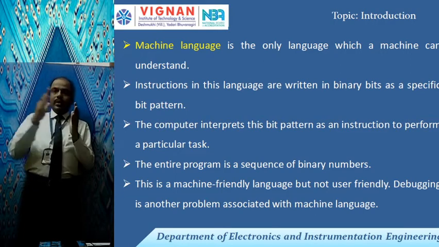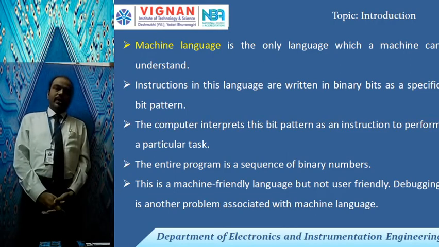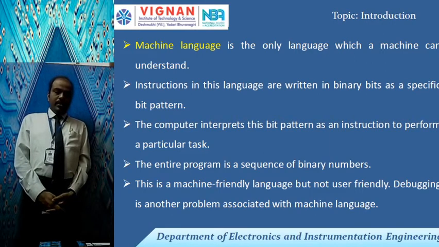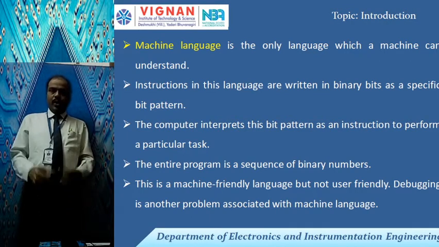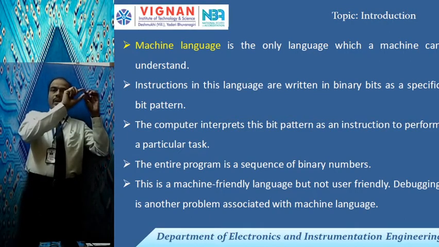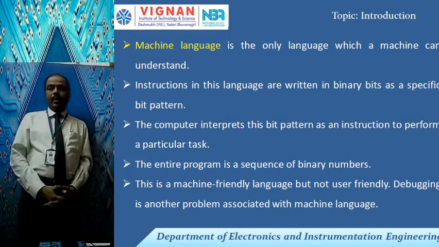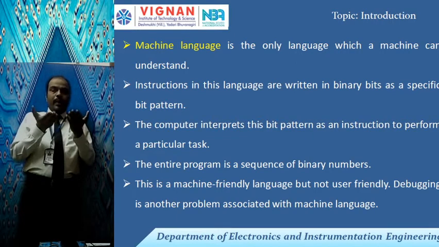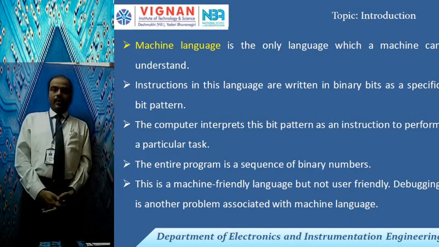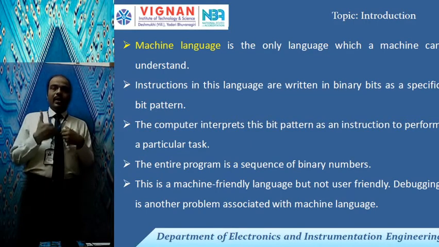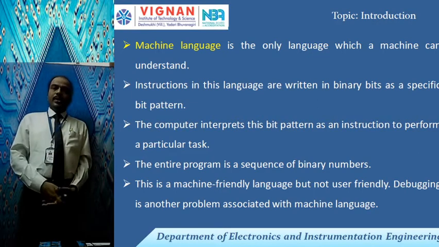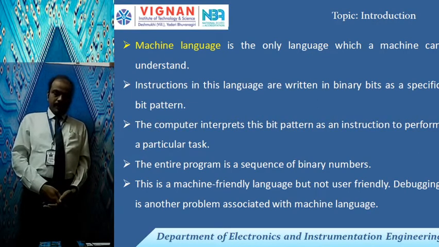Every instruction has a specific sequence of bits, and by understanding that, the computer can interpret the instruction and perform it. The entire program is a sequence of binary numbers.